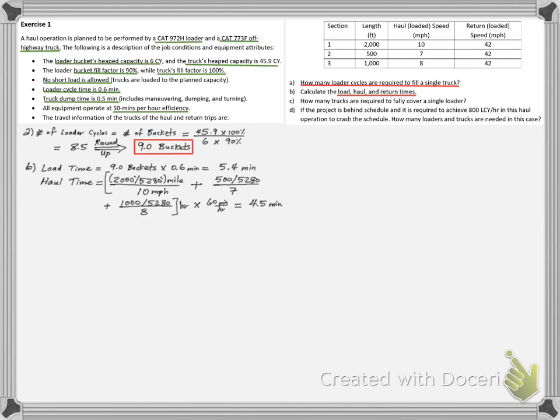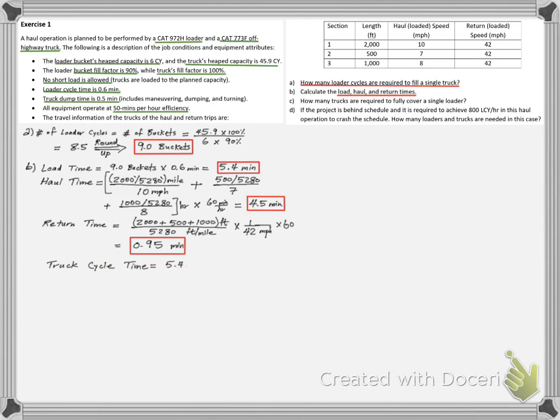The haul time is calculated by dividing the distance over the speed along the 3 different haul road segments. The return time is calculated in the same way. So we can add up these 3 times and the dumping time of 0.5 minutes to get the total truck cycle time.